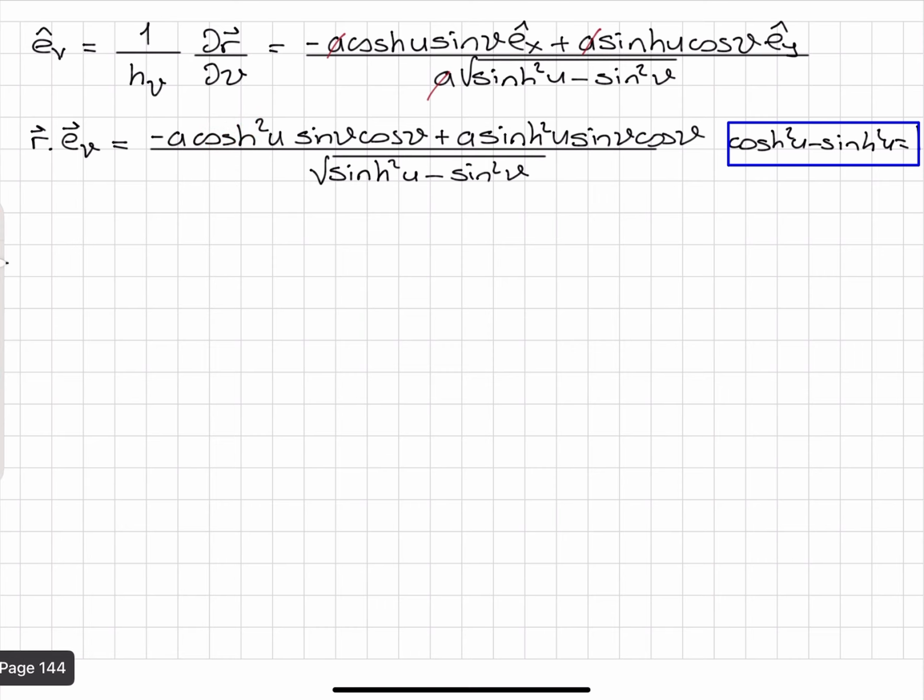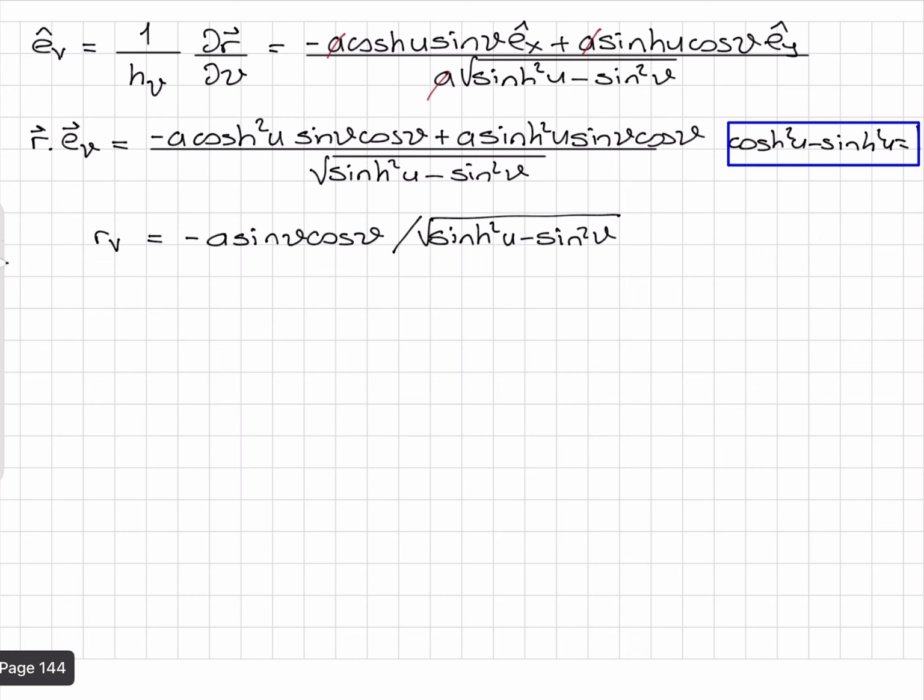So this gives me rv equal to minus a sine v cosine v divided by square root of sine hyperbolic squared u minus sine squared v. And rz is equal to z because the scale factor is equal to 1.